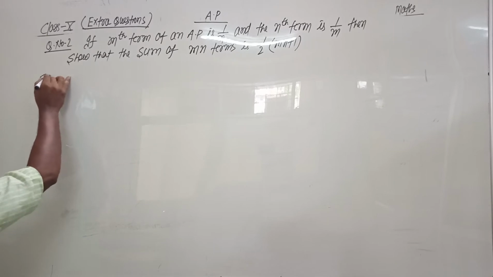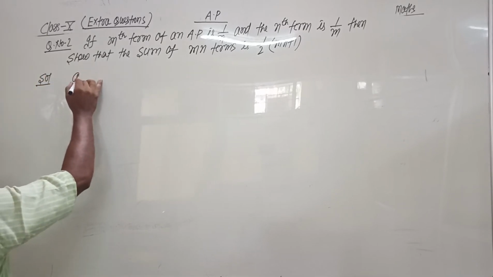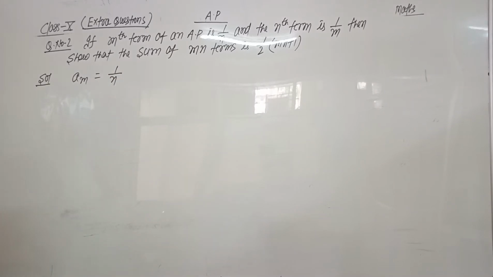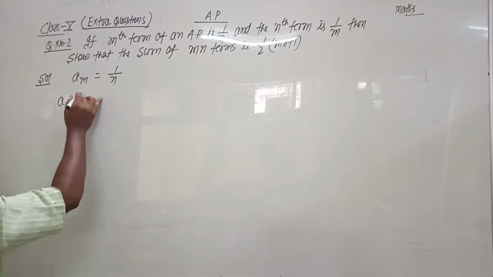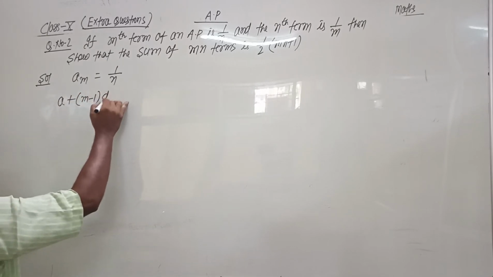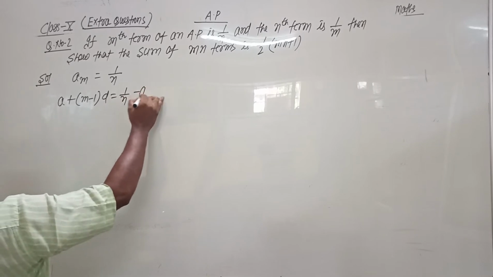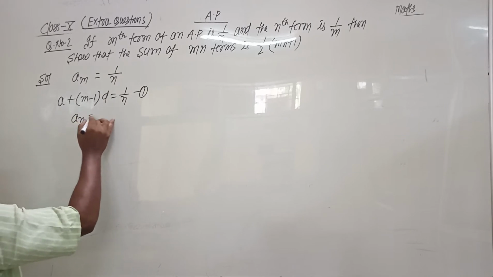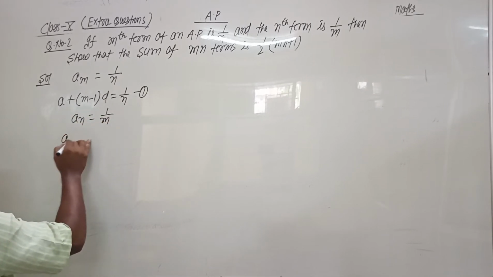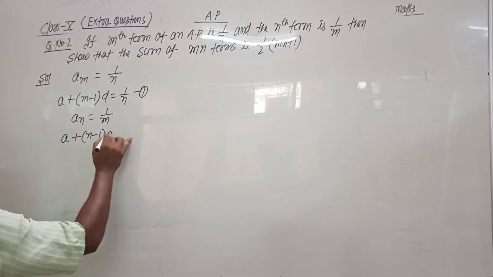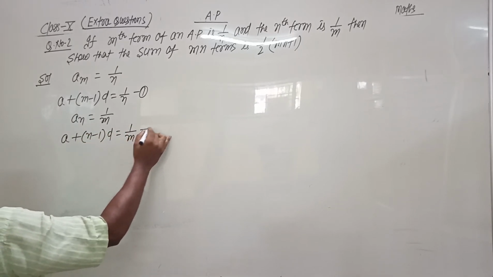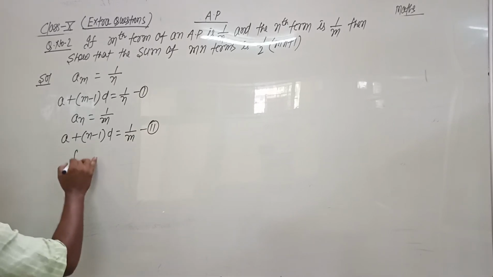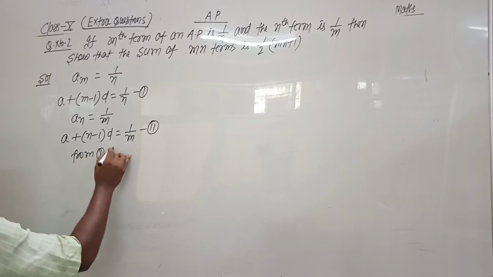We are given the mth term, so am equals 1 by n. So am means a plus m minus 1 into d equals 1 by n, first number equation. And the nth term is 1 by m, so a plus n minus 1 into d equals 1 by m, second number equation.